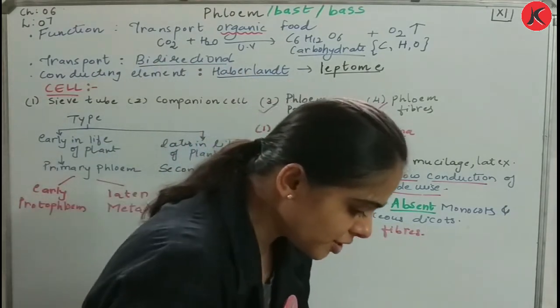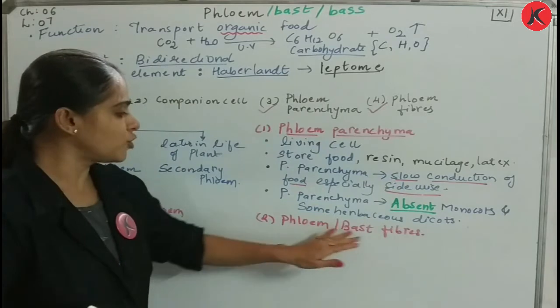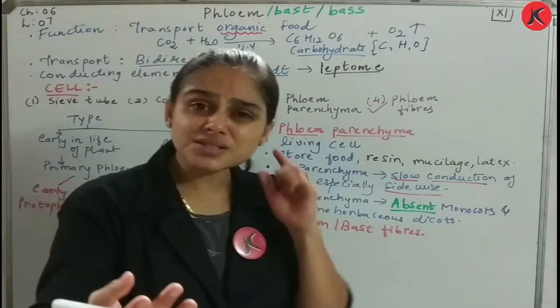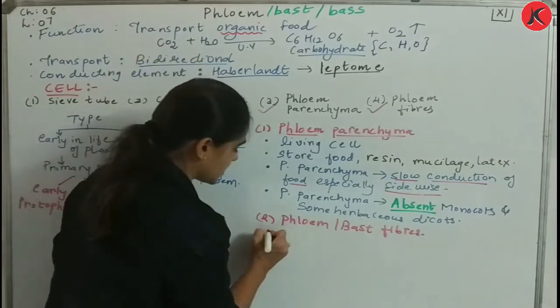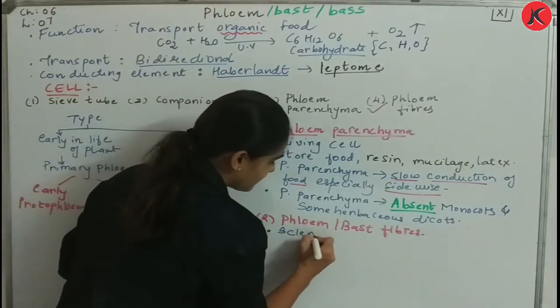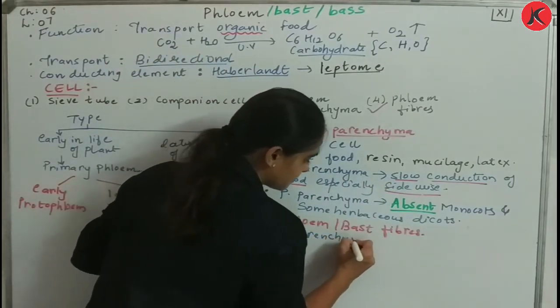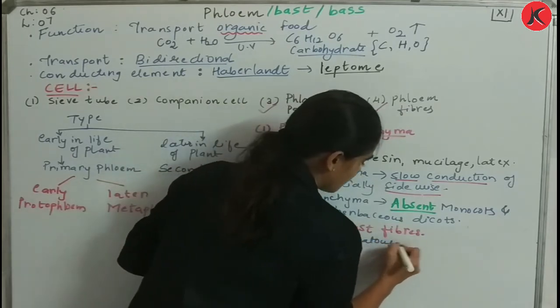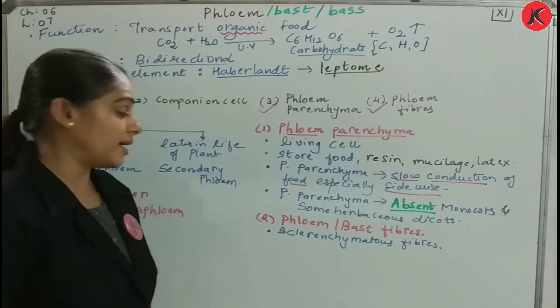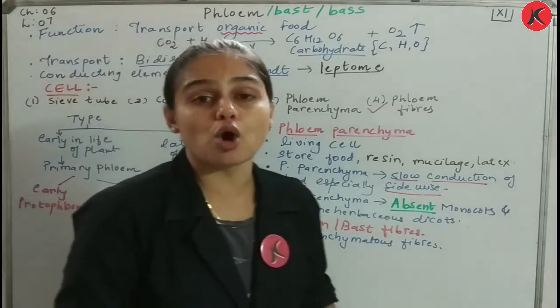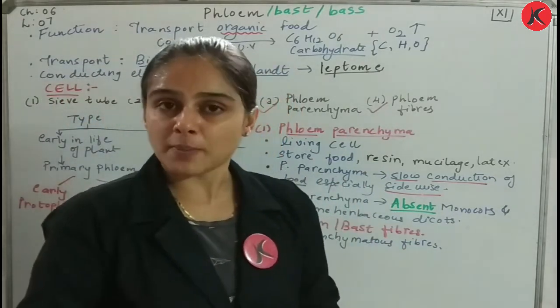ठीक है? So dear students, if I am talking about your phloem or bast fibers, right, then the sclerenchymatous fibers. Once again, what I am writing, sclerenchymatous fibers of phloem are called as phloem fiber or bast fiber. Am I clear?